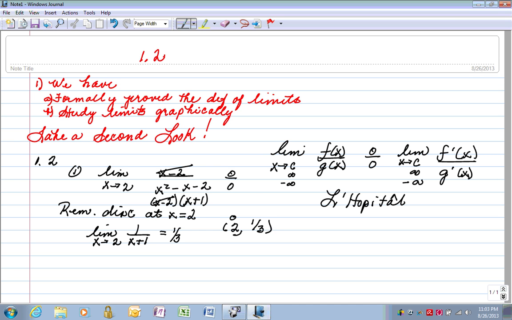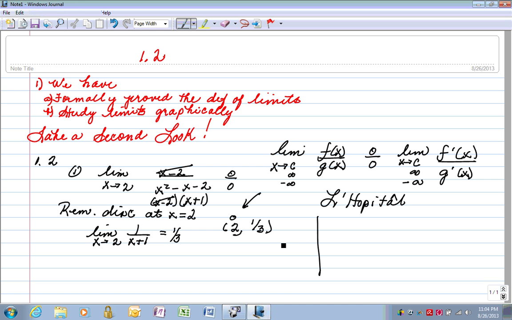Now, this truly upholds the definition of limit. If you remember in the epsilon delta definition of limit, I deleted my c, I deleted my 2. But as the graph performed, 1 over x plus 1, we get to a y value of 1/3.